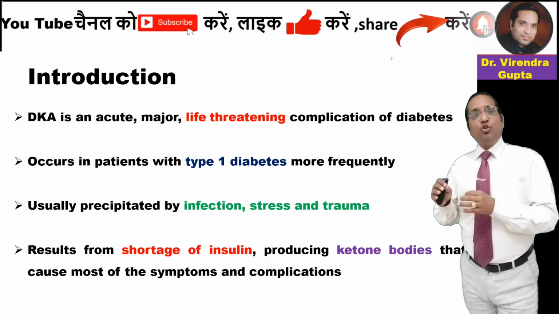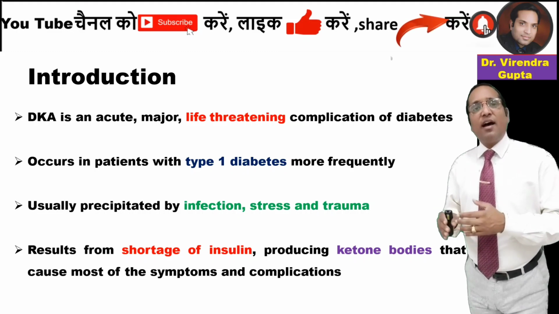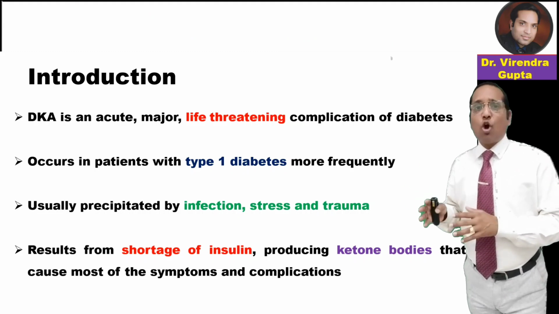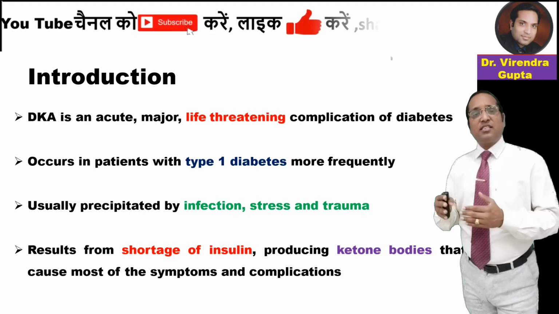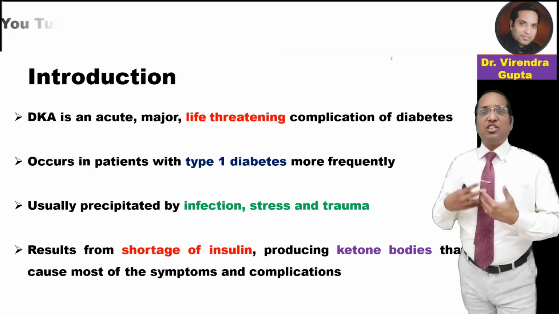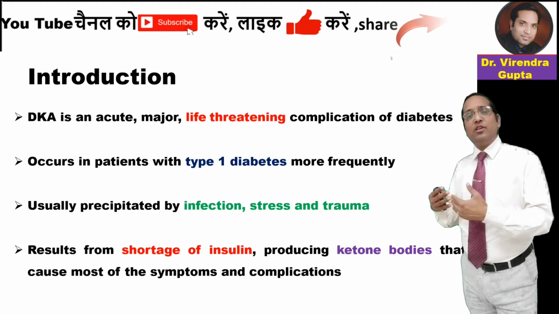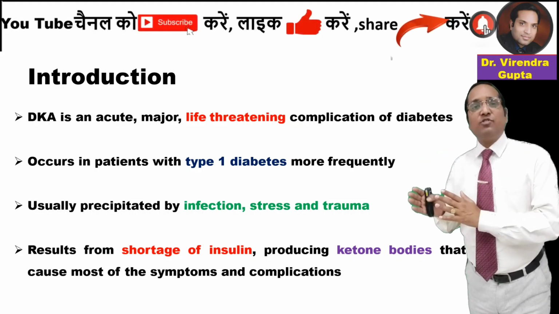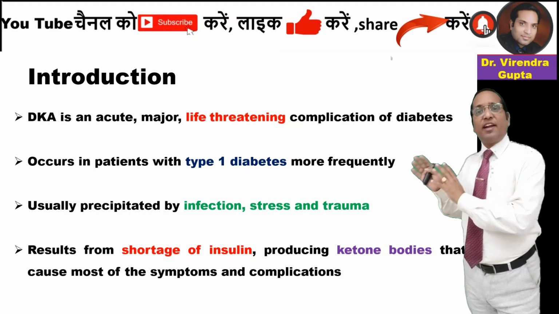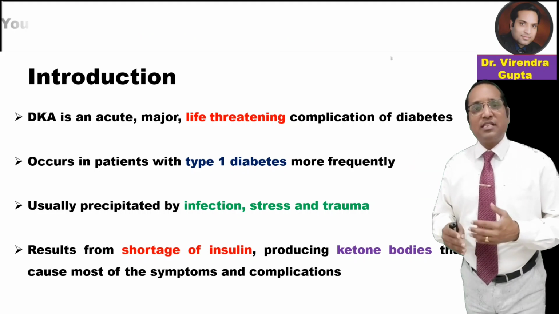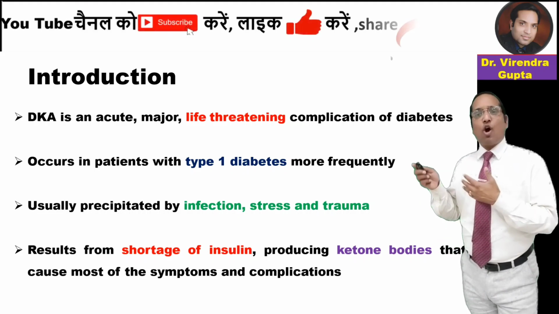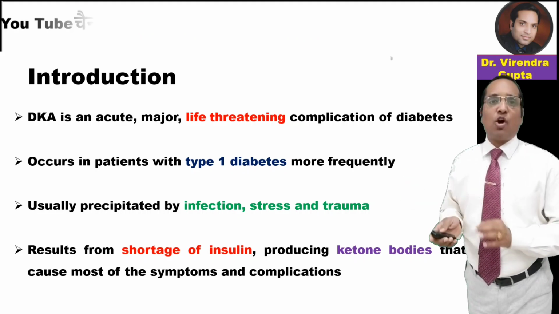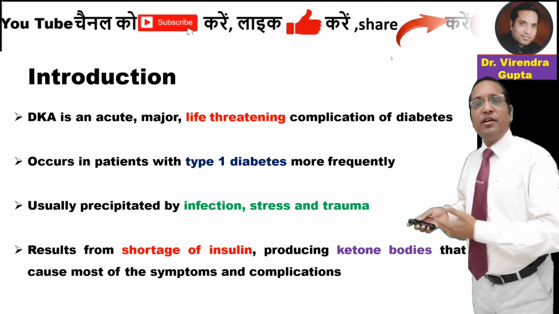It is usually precipitated by infection, stress or trauma, and it results from decreased insulin or shortage of insulin, which causes hyperglycemia and lipolysis, which causes the production of free fatty acids and ketone bodies that cause most of the symptoms and complications of DKA.